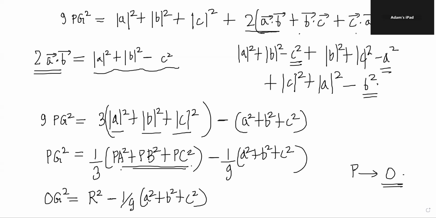Are you understanding? If you are still confused, you can search online and find a proof of Leibniz theorem. You will get the vector proof. Just find that proof. So right now what we have is OG square in terms of R square minus A square plus B square plus C square by 9, right?